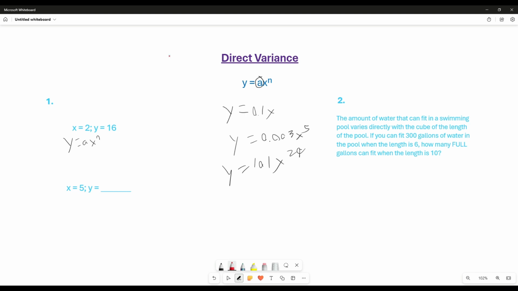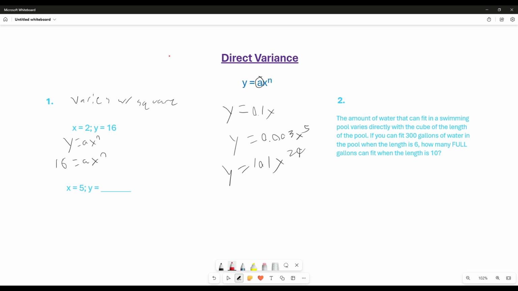So, if x equals 2, y equals 16, we might as well plug that in. 16 equals ax to the n. Let's say that for this equation, it varies directly with the square. So what that means is that we can say that n is 2.